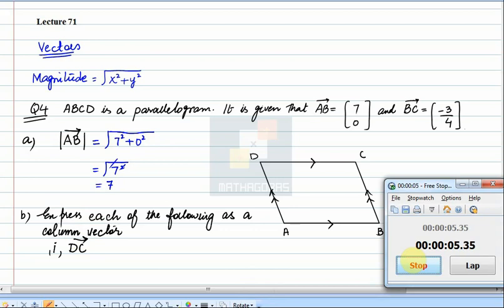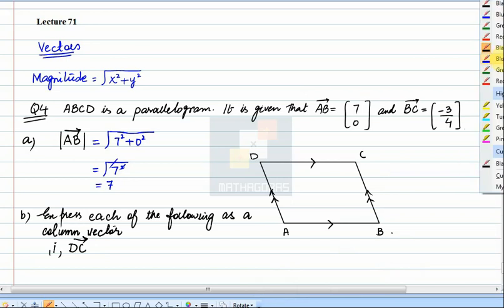What should be the vector of DC? Done. Alright, the vector of DC is same as the vector of AB because in a parallelogram opposite sides are parallel and equal.